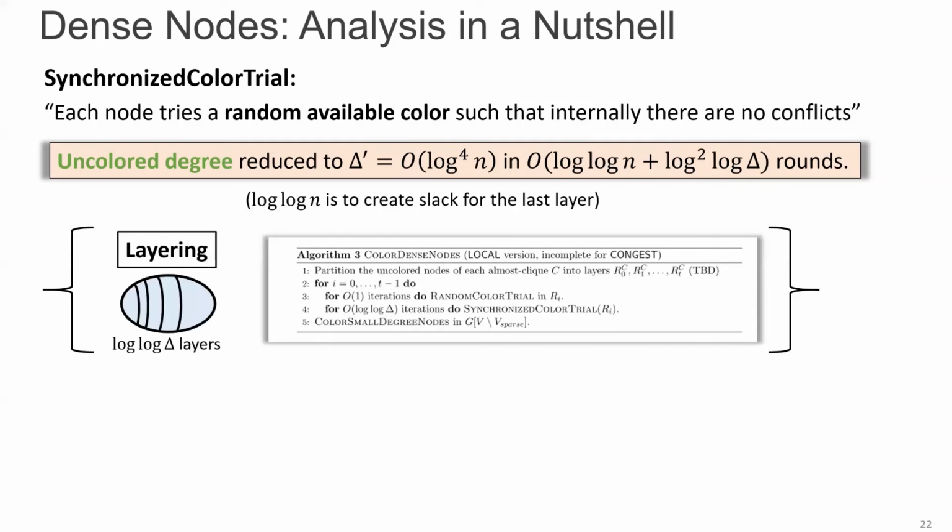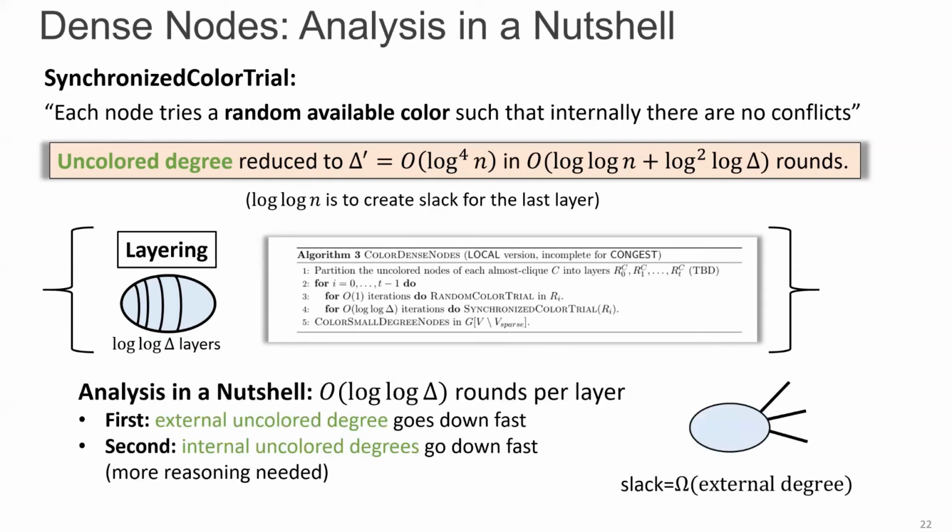This mainly comes because we need to use the layering technique inside each almost clique. So we process each almost clique in log delta layers. But if you ignore this layering, then what we do is we just execute log delta iterations of the synchronous color trial inside each layer.